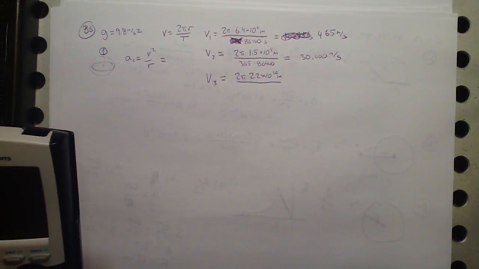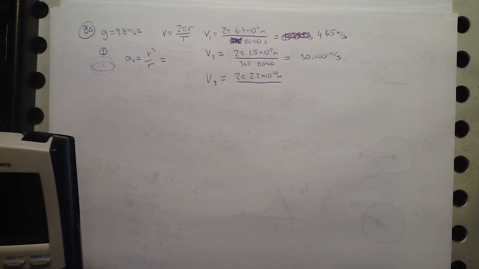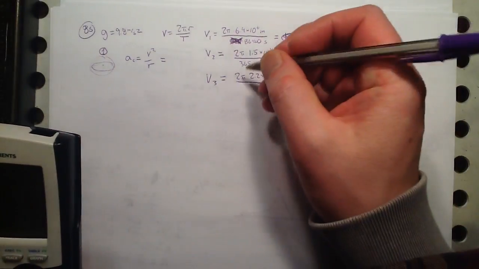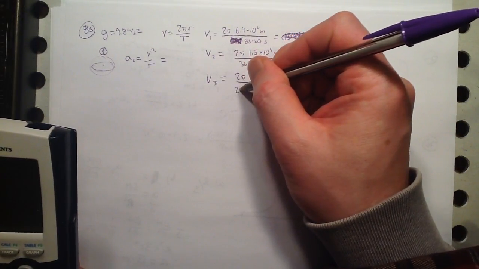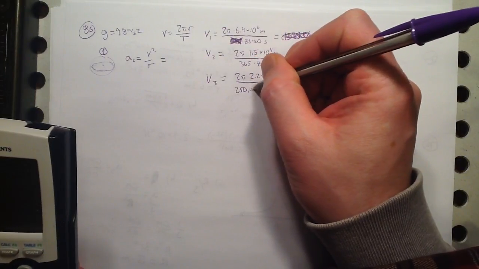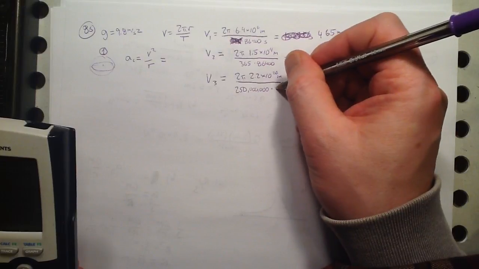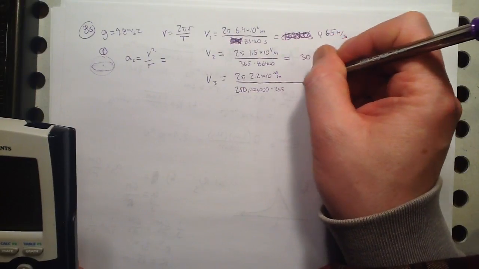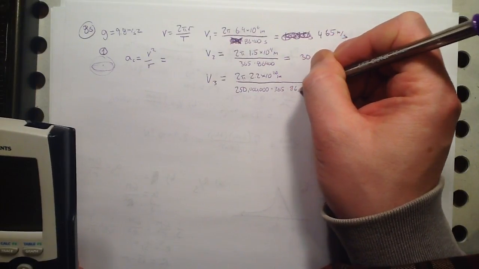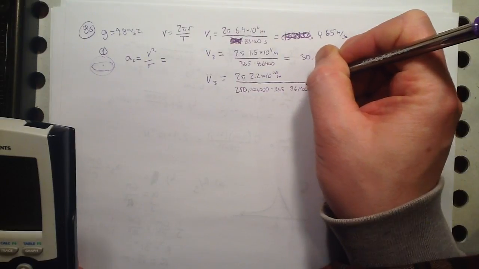And that takes 250 million years. So that's 250 million years times 365 days in a year times 86,400 seconds in a year.